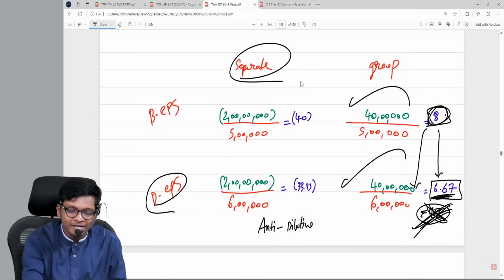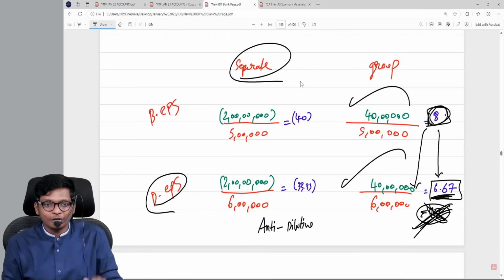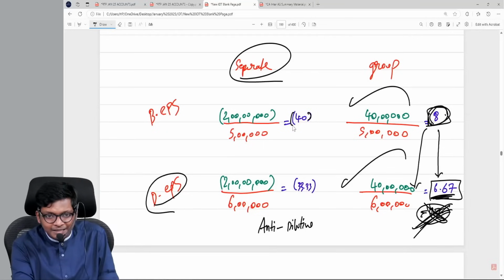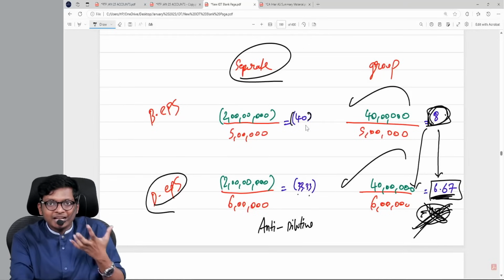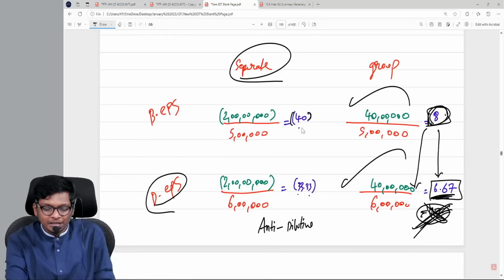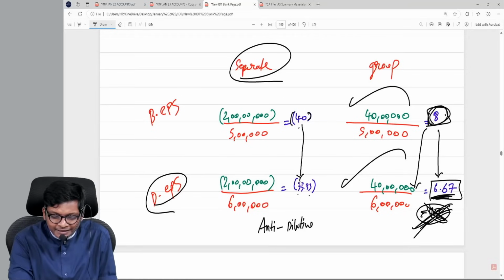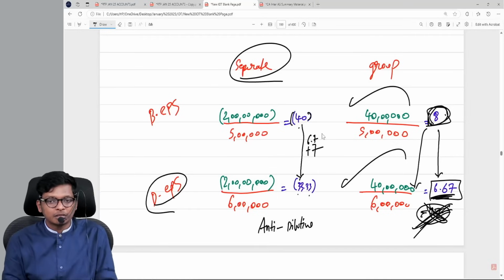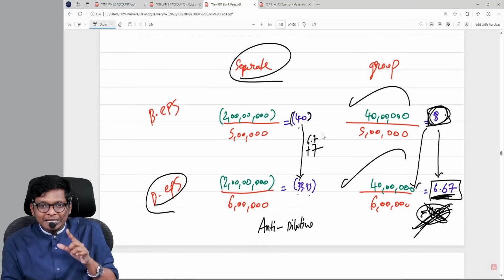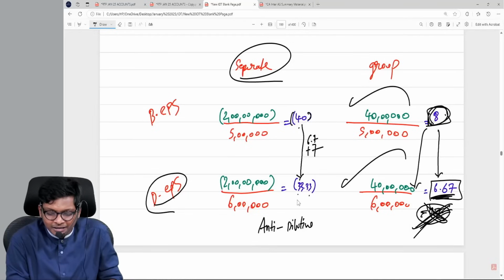But come to separate FS. Because of loss, negative 40 has become negative 33, which is larger in number. If negative 40 is becoming negative 33.33, that means there is a gain of 6.67. Diluted EPS cannot show a more positive number.